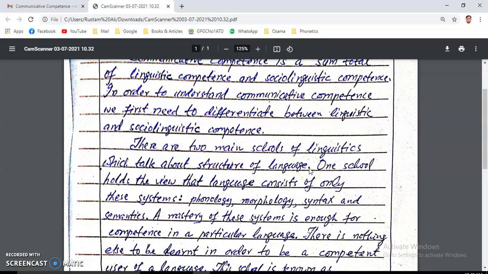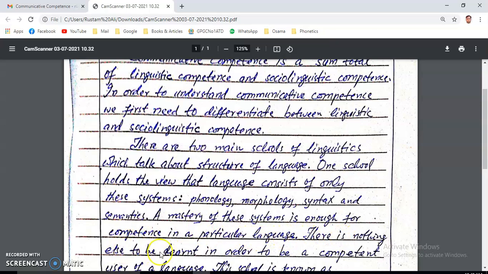No full stop is added, and the next sentence should always have a capital letter. So one school holds the view that language consists of only these systems, colon, that is phonology, morphology, syntax and semantics. A mastery of these systems is enough for competence in a particular language.